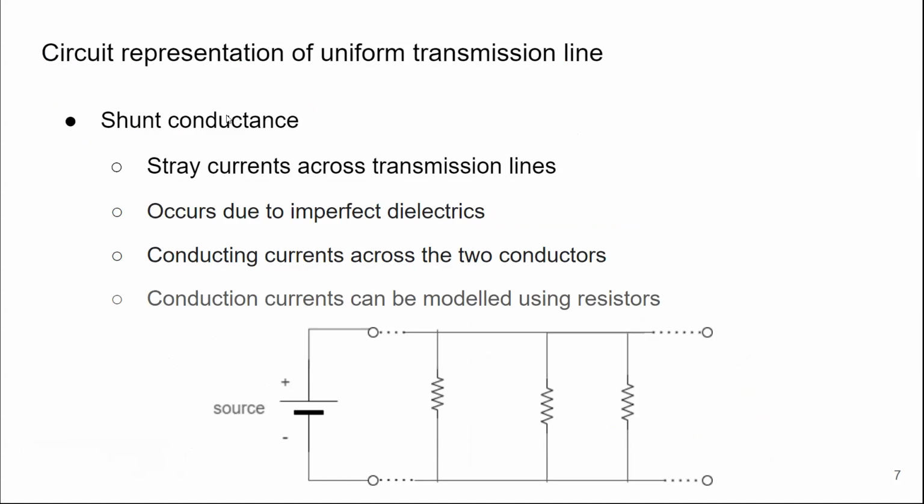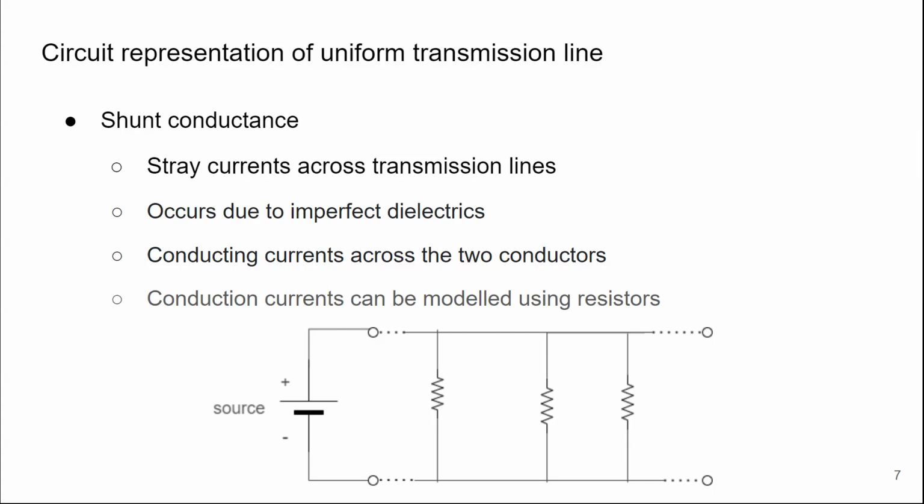Next we are going to look at how we can model a transmission line using circuit parameters, right? So in order for us to understand the performance of wave propagation in a transmission line, we look at how we can mathematically model the transmission line using the components, the circuit theories we know.